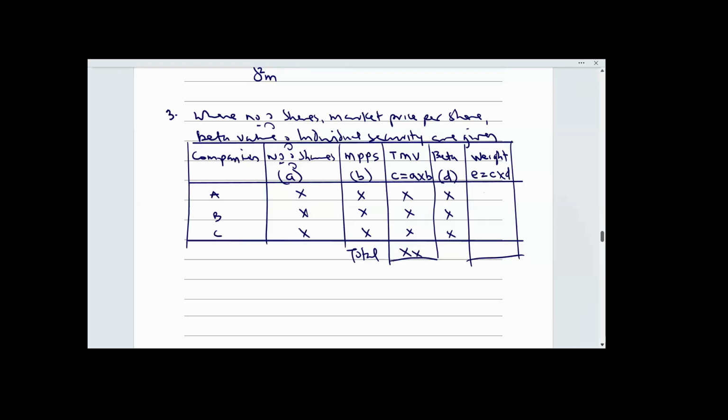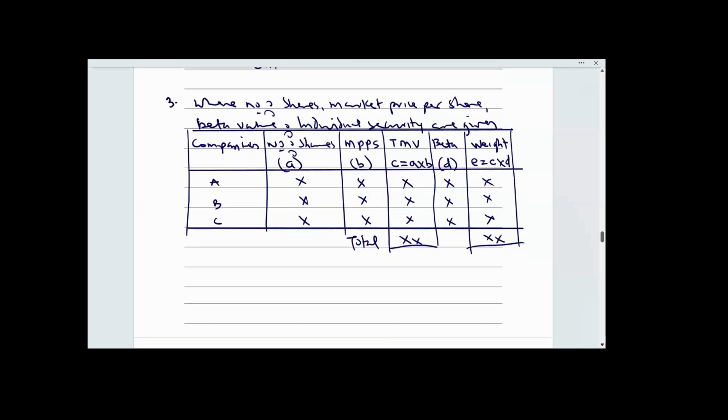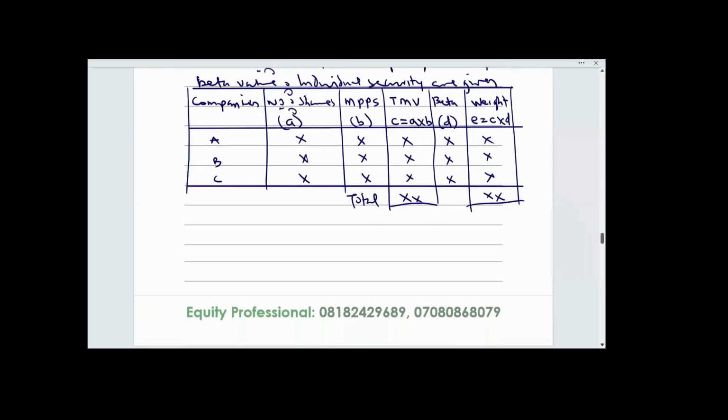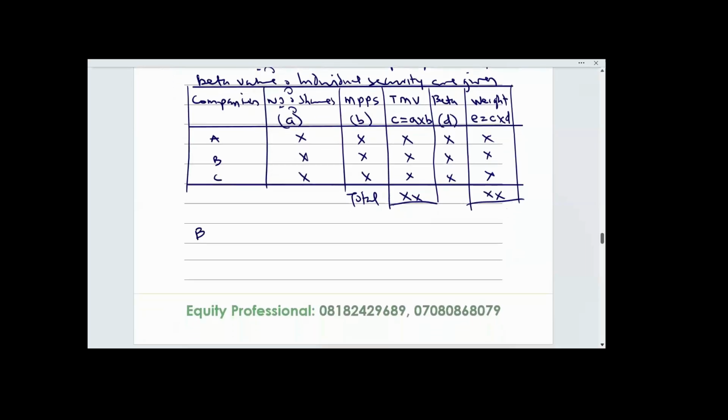All right, so then you add up everything. To now get the beta value, the overall beta will then be equal to total weight divided by total market value.